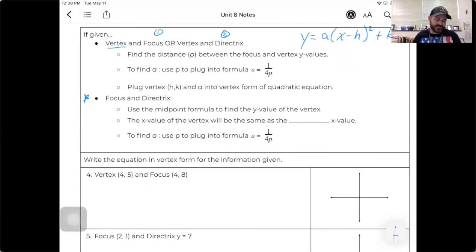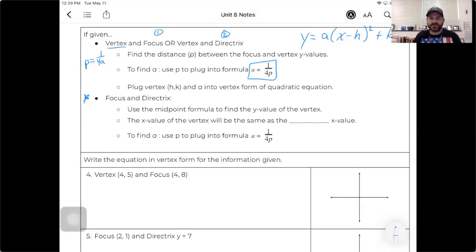To find the distance p between the focus and the vertex y values, what we need to do is really look at what a is. Now earlier I gave you this formula, p equals 1 over 4a. Well, the inverse of that formula is a equals 1 over 4p. It works the same way. So to find a, we're going to use our p value to plug into that formula and figure that out.